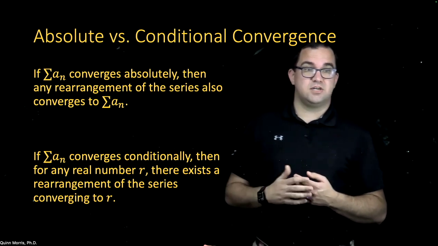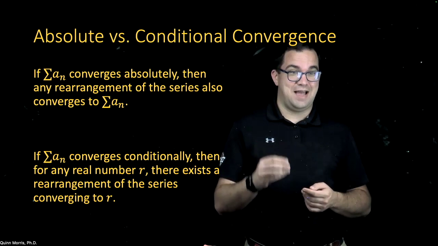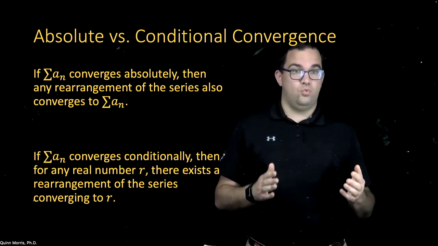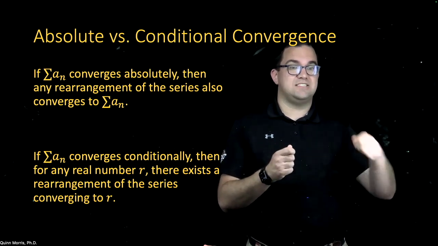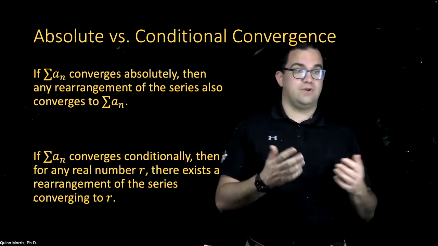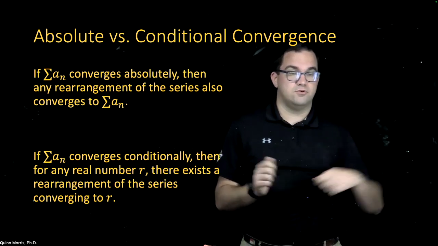However, if your series converges conditionally, then something really interesting happens: you can take any real number you want, and there's a way to rearrange your series so that it will converge to that real number. So if you take the alternating harmonic series, you can rearrange the terms so that it converges to pi.